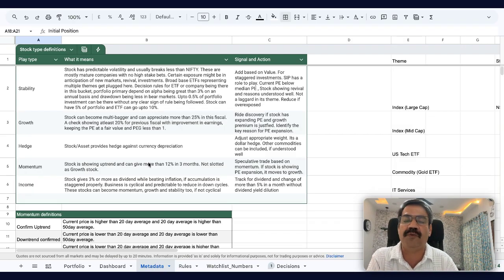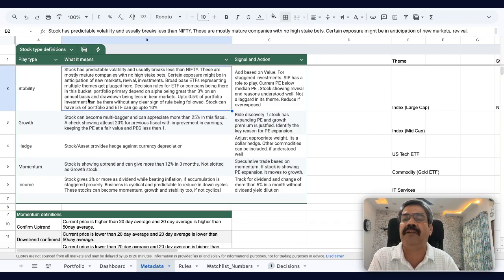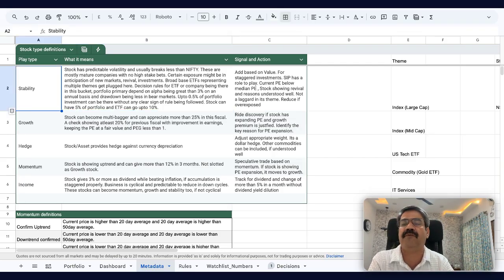First and foremost, in the metadata sheet, we've brought in the different types of stocks, the categories that need to be defined to get the perfect mix. The first is stability, which forms the foundation for the entire portfolio, built from a long-term perspective.